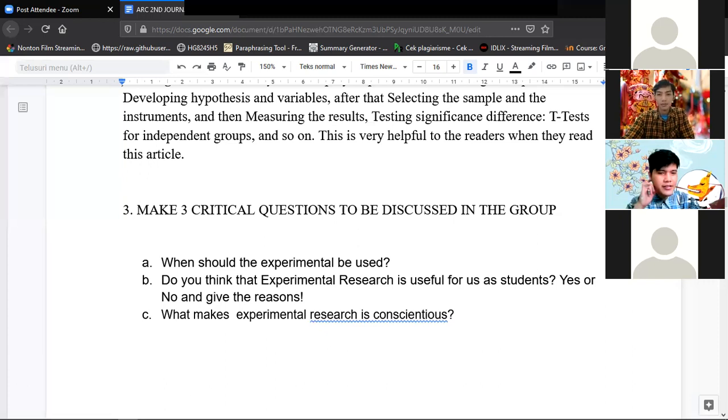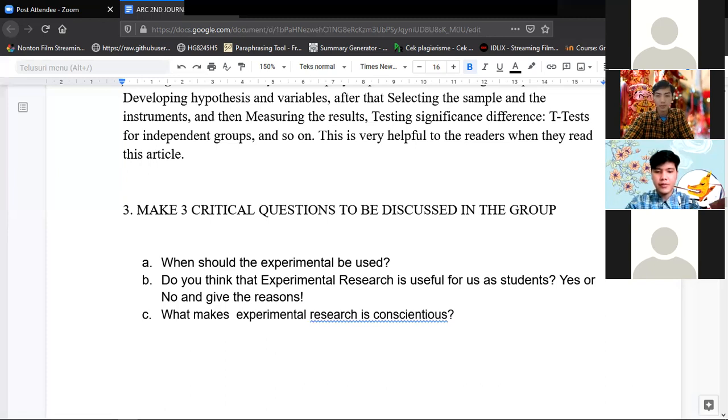I think it is useful for us as students because we use experimental research to gain information under another condition, because sometimes our variable might be changed.